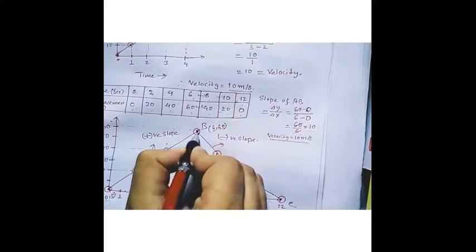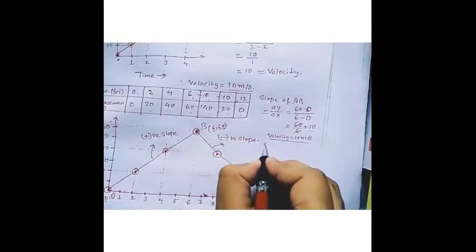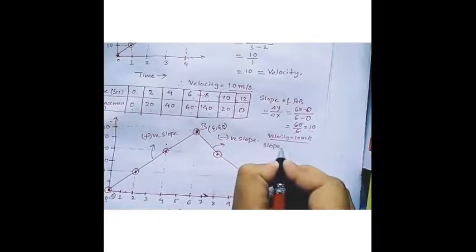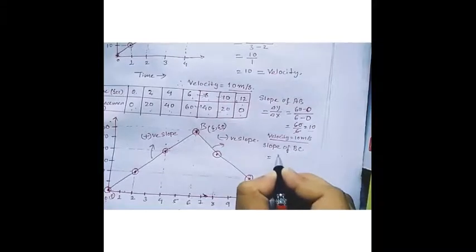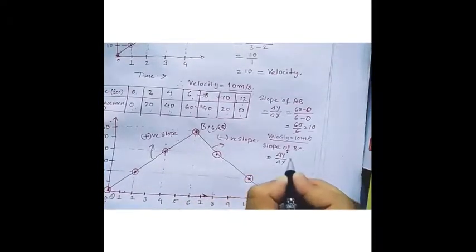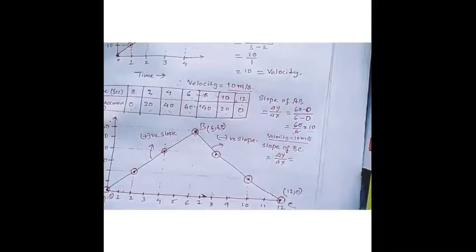Here the initial point is B point and final point is C point, and the slope of BC is the same formula, del y by del x. Here the coordinate of C point is 12, 0, because displacement here is 0.